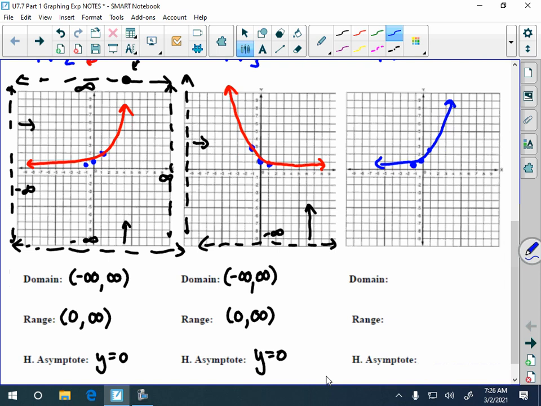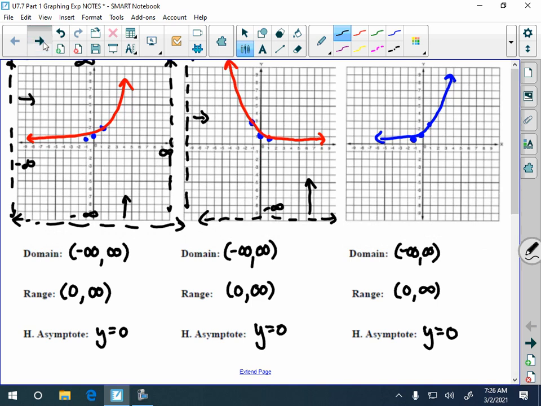Our domain going left to right is going to be negative infinity to positive infinity. Our range going from bottom to top is going to be 0 to positive infinity. And then our horizontal asymptote is going to be y equals 0, because that's the imaginary horizontal line that the graph gets close to without touching.